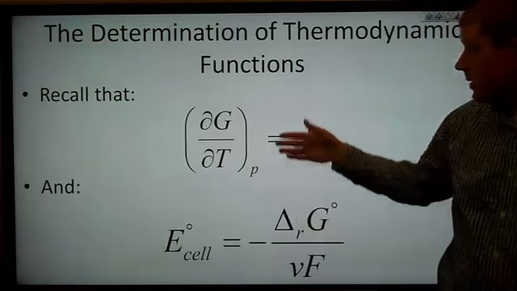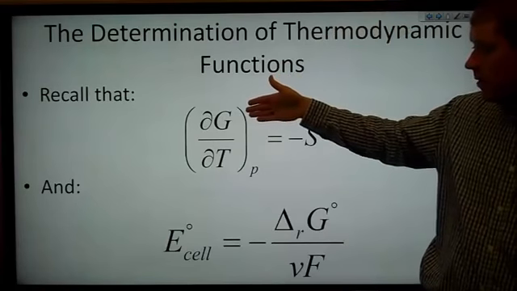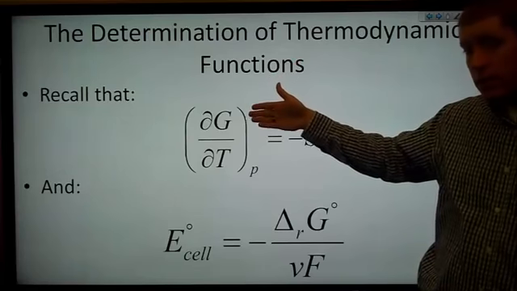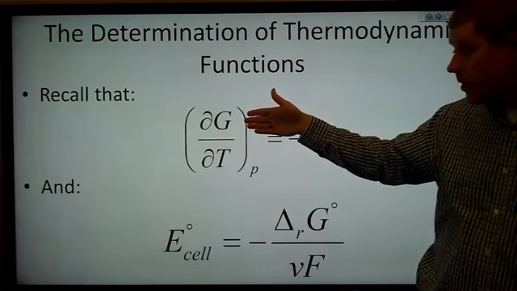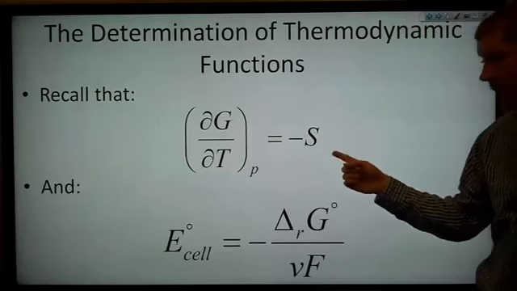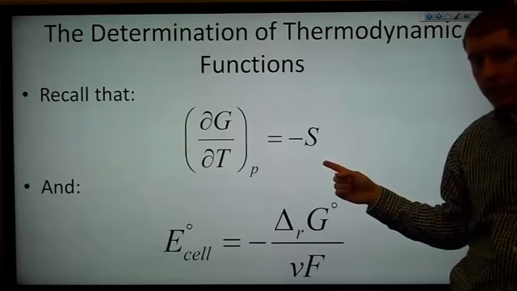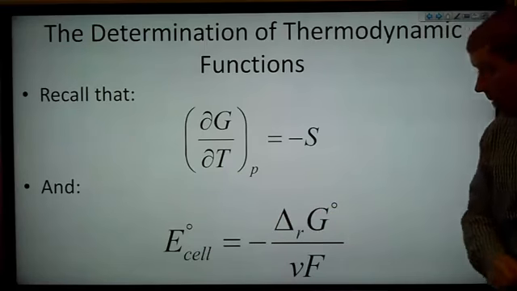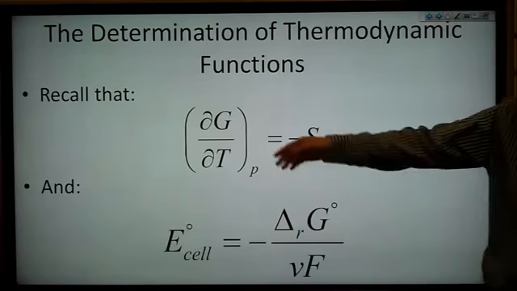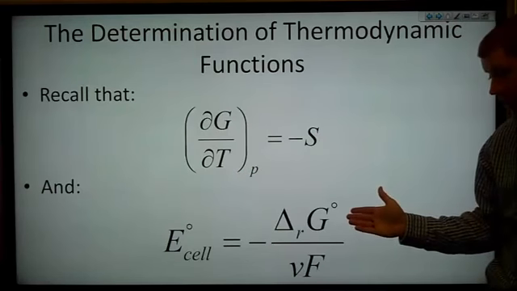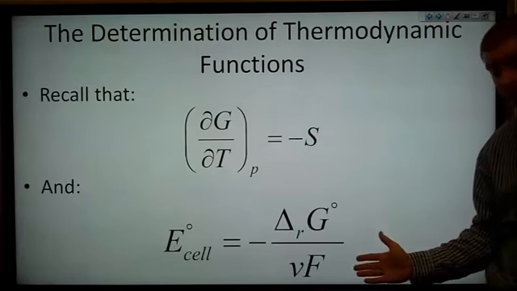So remember that the partial derivative of the Gibbs energy, G, with respect to temperature at constant pressure is minus S. And we know now that the standard cell potential is equal to minus delta r G naught over νF.